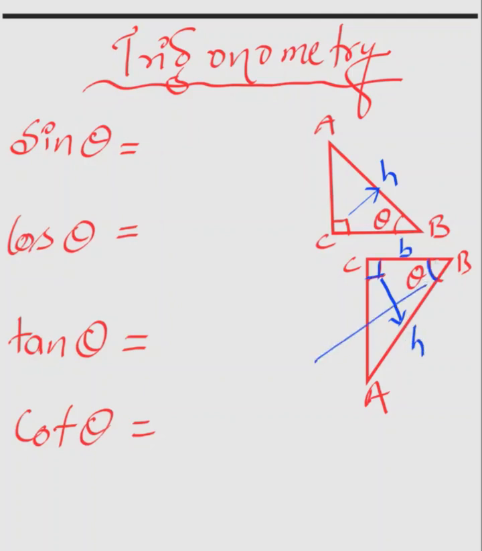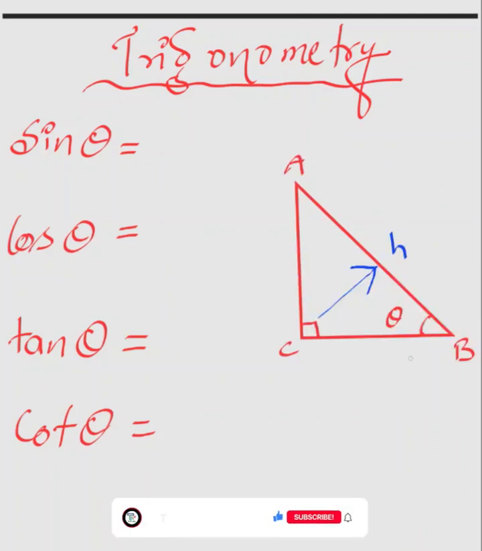Let's remove this triangle so that it will be easy to understand from this triangle. I will make it a little larger. When there is an angle and the right angle on the same side, it is called the base. The opposite of the angle is always the perpendicular. Remember it that way.